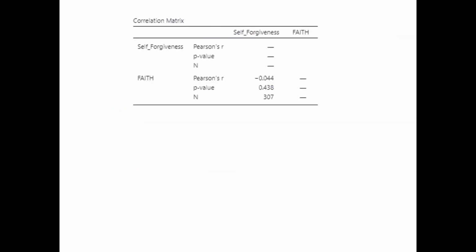So we run a correlation analysis. This output is from Jamovi. We have to remember that in SPSS, it doesn't say p-value, it says sig, for significance, but it's the exact same thing. We find Pearson's r of negative 0.044 with a p-value of 0.438.